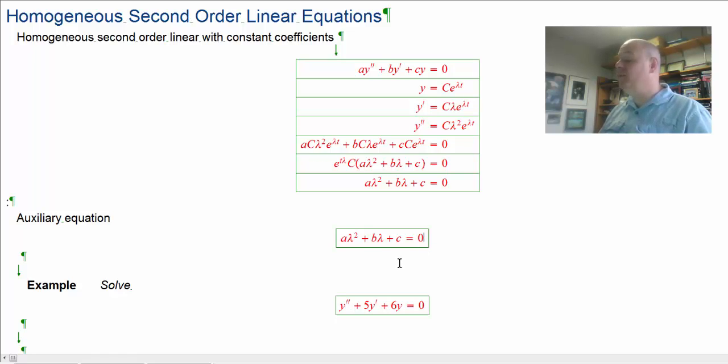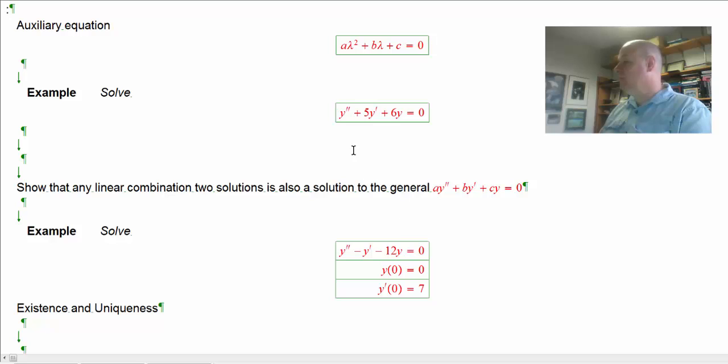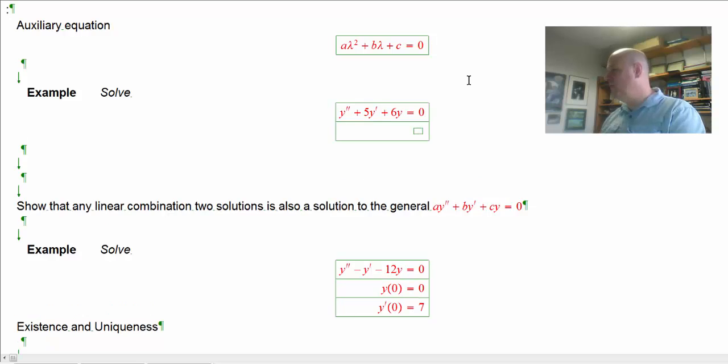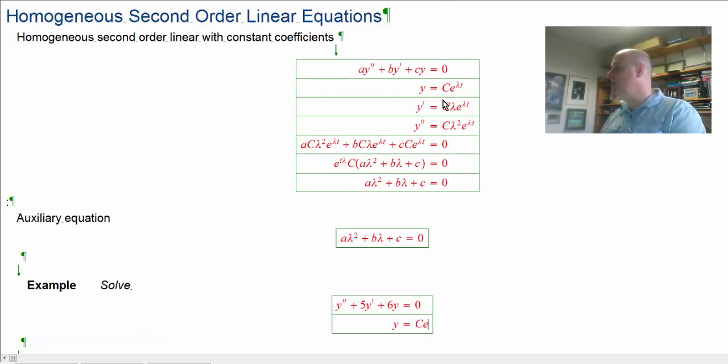Let's jump to an example now so we can just see it working. Here's one. y double prime plus 5y prime plus 6y equals 0. For pedagogical purposes, let's sub in y equals some constant times e to the lambda t.